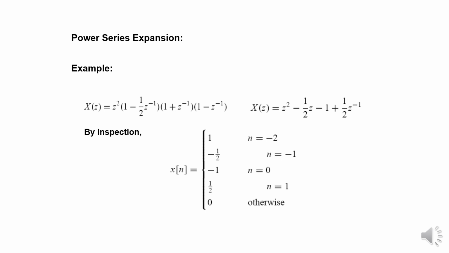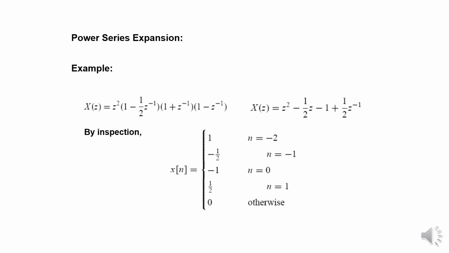Okay, so we have expressed xn like this. So by inspection, right? Inspection means not using that method, but inspecting this with the expansion of our actual Z transform.